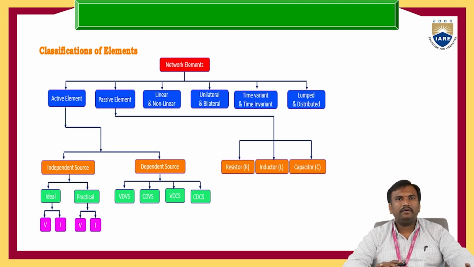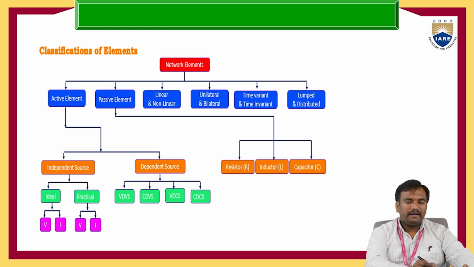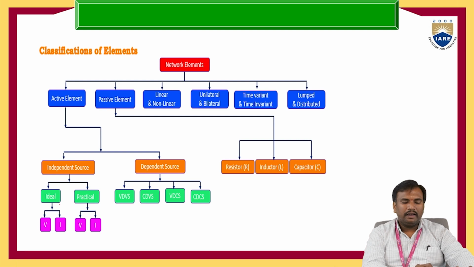The active elements are classified into independent sources and dependent sources. The independent sources are again classified into ideal sources and practical sources, and in both the ideal and practical sources we have voltage source and current source.